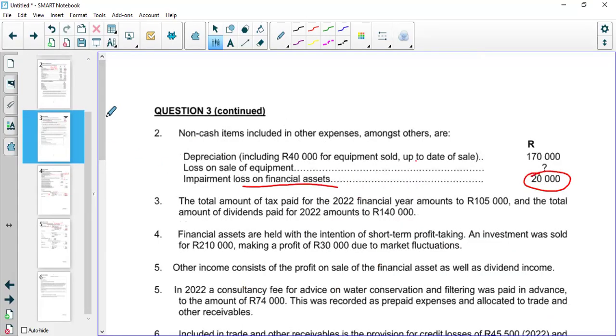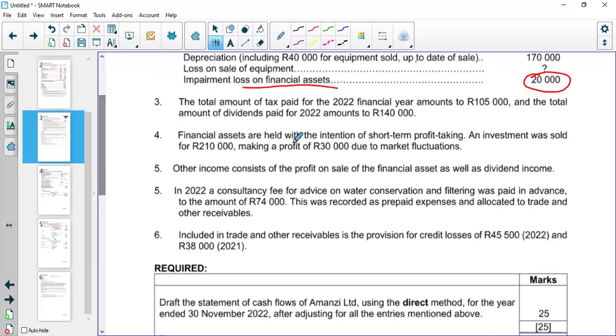Then we are also told that financial assets were sold for 210, making a profit of 30,000 rand due to market fluctuations. So what happens here is that the original cost was 210,000 minus 30,000, so the original cost was 180,000.